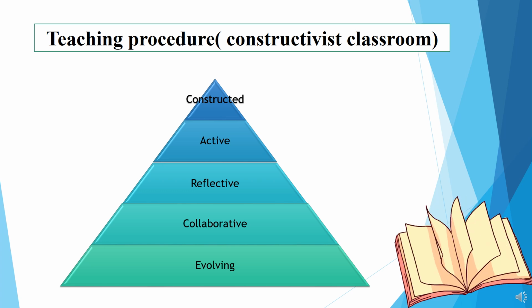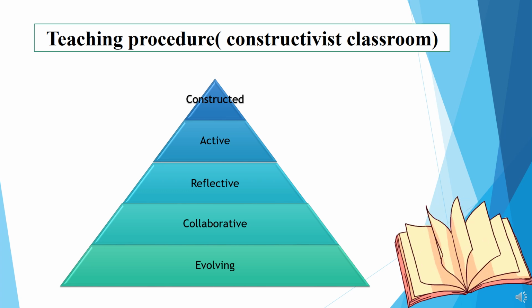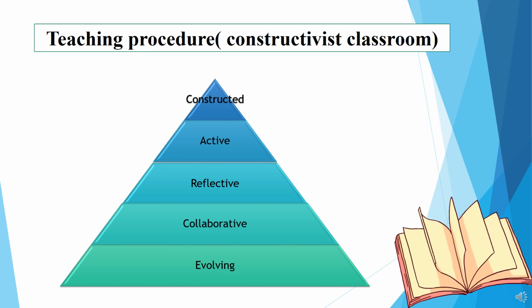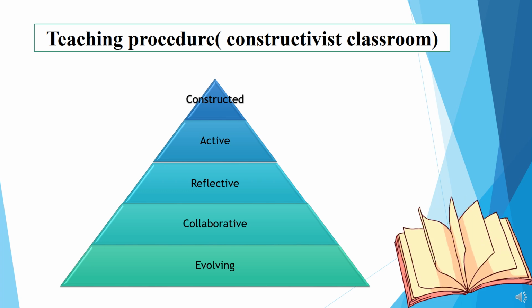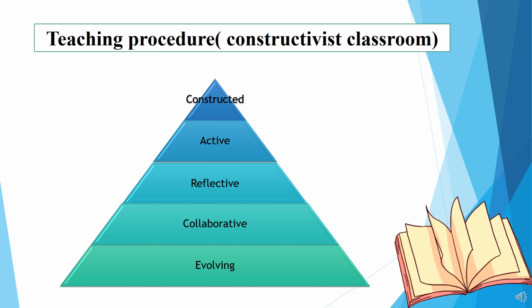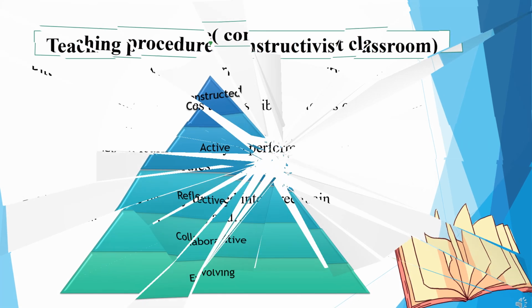Self-assessment is encouraged and students are encouraged to reflect on what they learned. Learning is active. It is learning by doing and performing tasks, so students are active participants. Learning is constructed because students' prior knowledge serves as the foundation for the new knowledge they will generate.